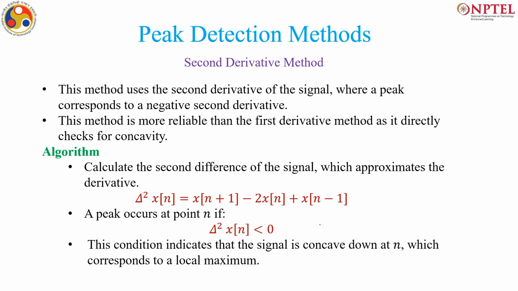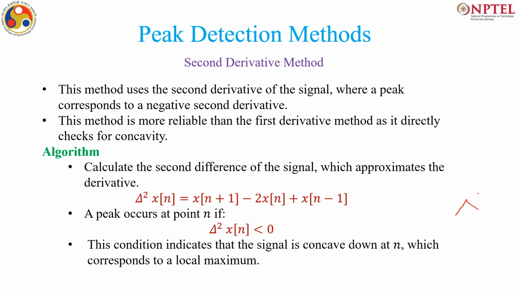And the second derivative method is just like the maxima method used in calculus, where you do the second derivative test and check whether the second derivative is negative, which indicates that it is a maxima. Why will it be negative? Because my signal is increasing, so the first derivative will be positive, and then after the peak my signal will be decreasing, which means the first derivative will be negative.